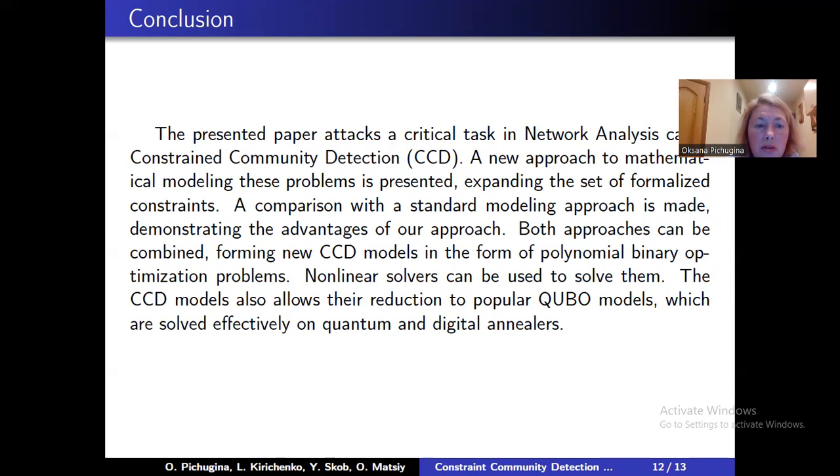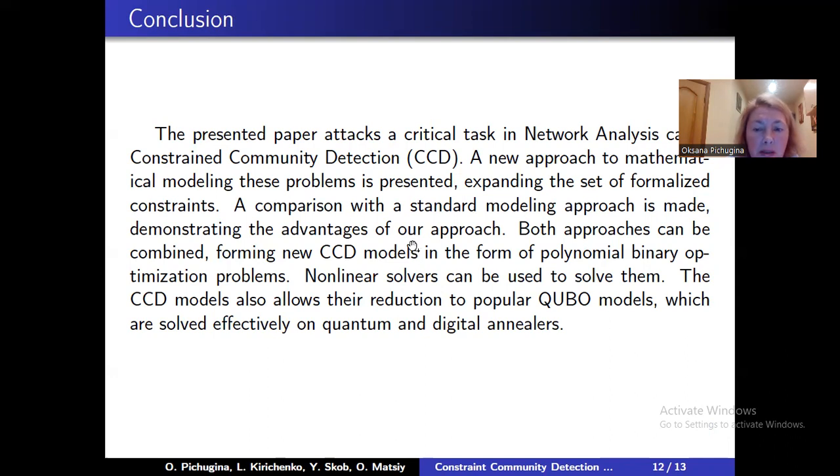So, the conclusion: the presented paper attacks the critical task in network analysis called constraint community detection, CCD. A new approach to mathematical modeling of this problem is presented, expanding the set of formalized constraints. A comparison with the standard modeling approach is made, demonstrating the advantages of the approach.